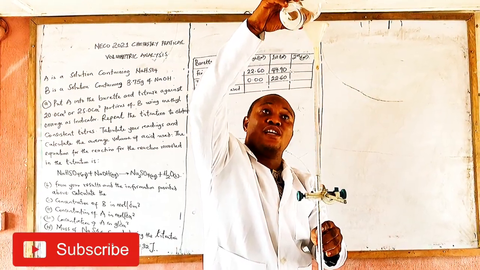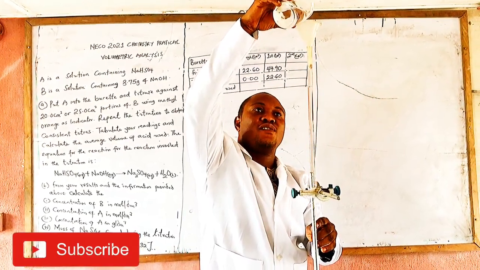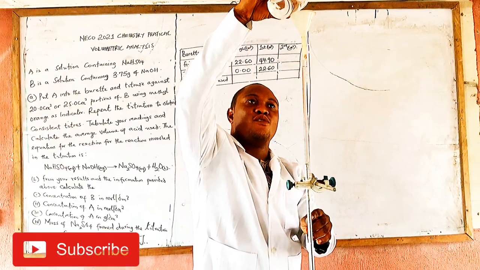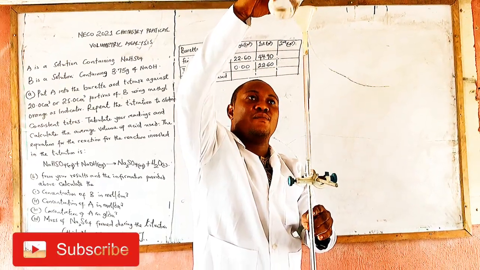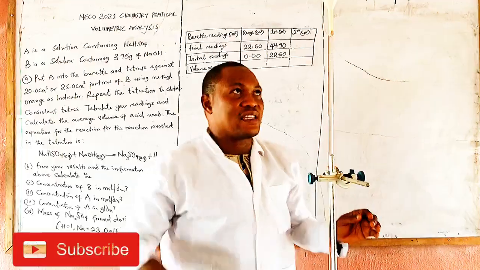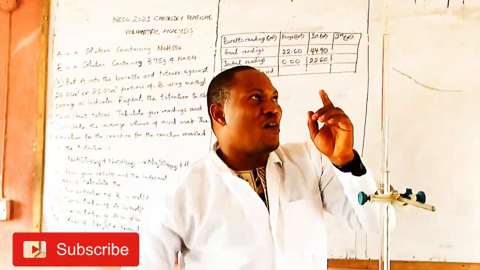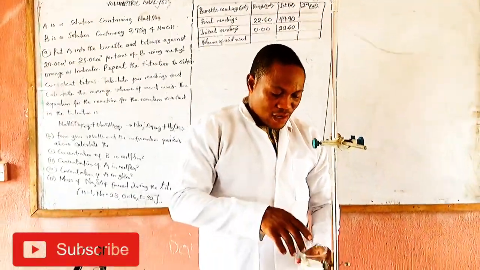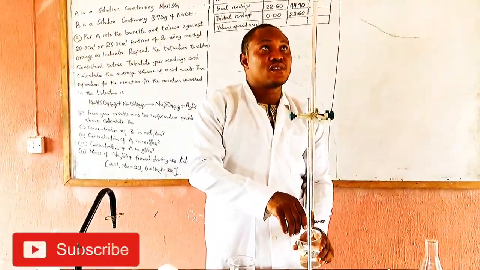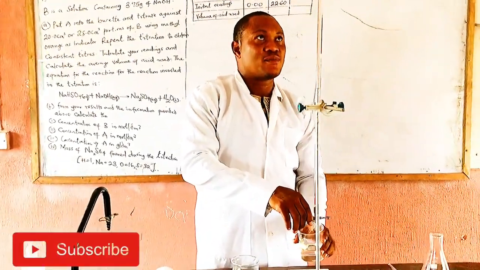It depends, but you can just refill so that you don't stress yourself. Don't forget, I told you before titrating, you have to remove air from the tip, so I have to run a little of it into this place.